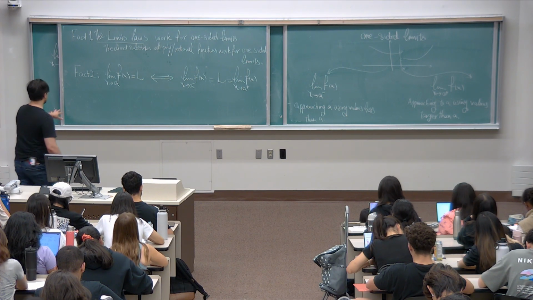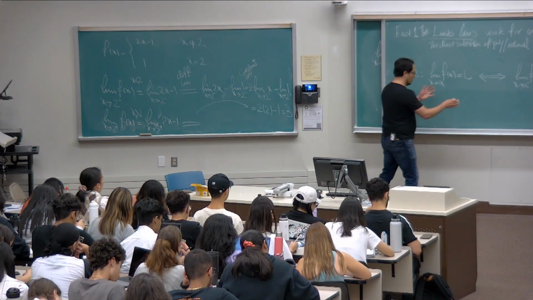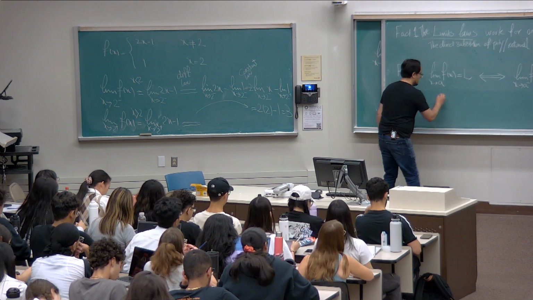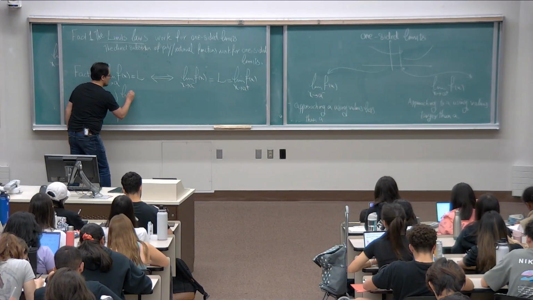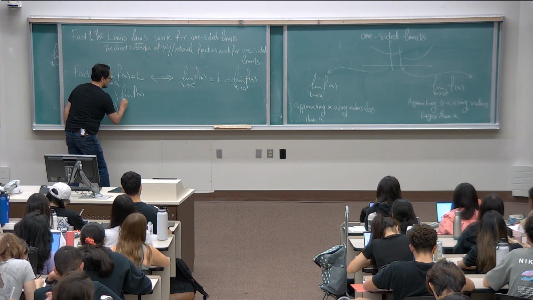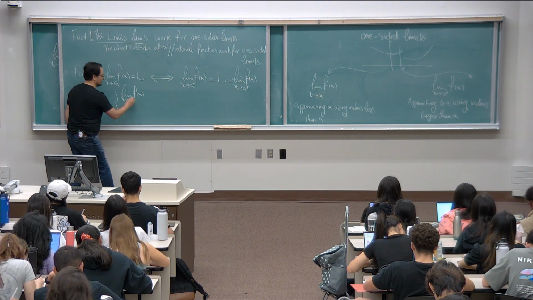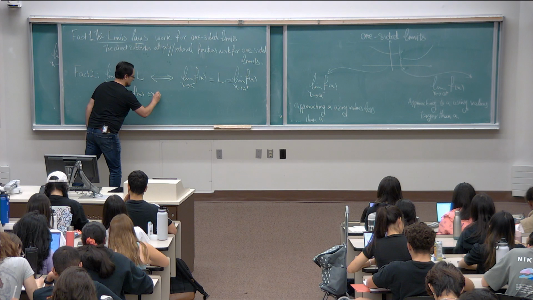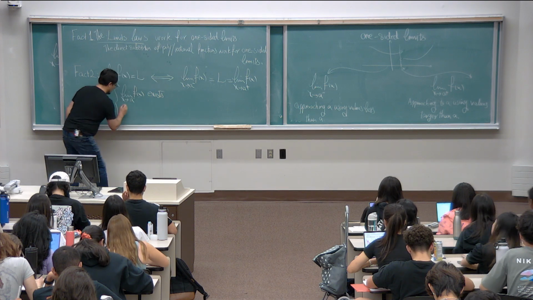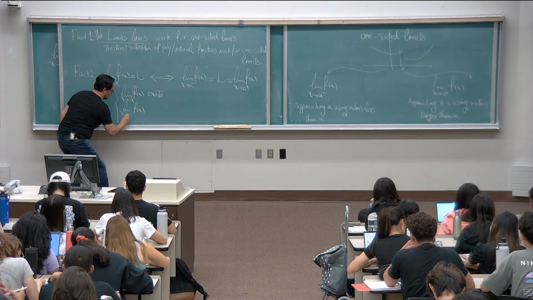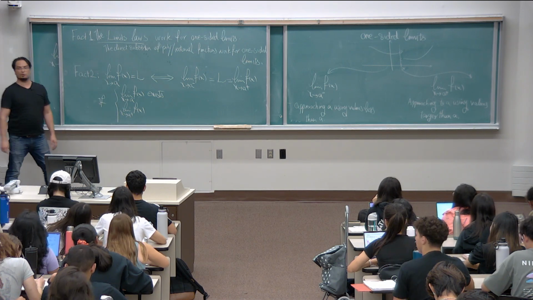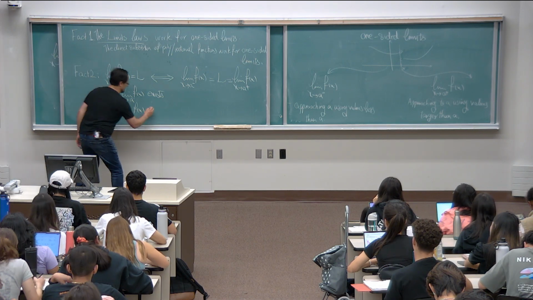Or if I want to write this a little bit more clearly: if the limit of f as x approaches a from the left exists, and the limit of f as x approaches a from the right exists.